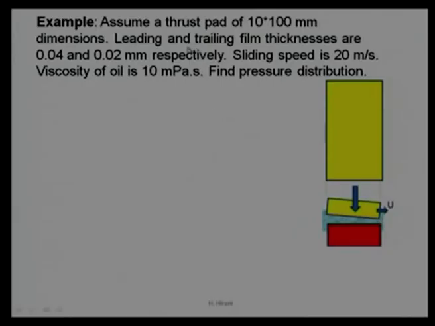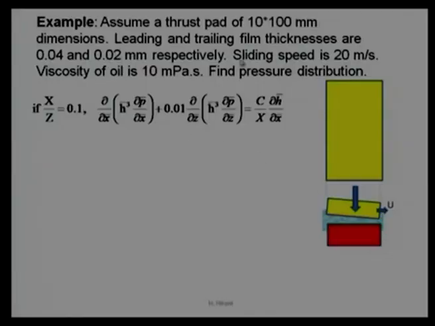Once we know these dimensions, we will be able to figure out the film thickness at any cross section, at any value of x. Tangential velocity is provided in the question, and viscosity of lubricant is also provided. So, what is required now is to find out the pressure distribution, how pressure will distribute on this surface?